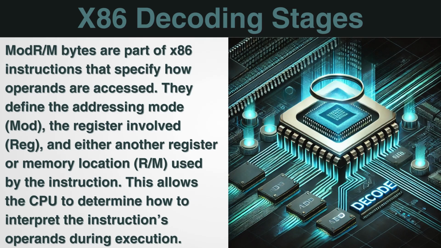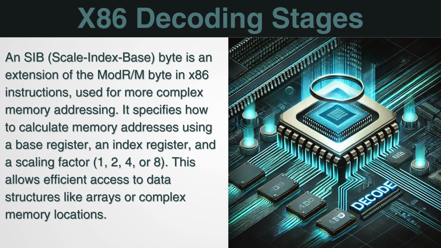The x86 architecture supports flexible operand types, like we mentioned: registers, memory addresses, or immediate values. The ModRM byte helps the CPU interpret these operands correctly during instruction decoding. Without the ModRM byte, the decoder would struggle to determine which registers to use, how to access memory if it's required, and whether additional bytes like SIB bytes are needed.